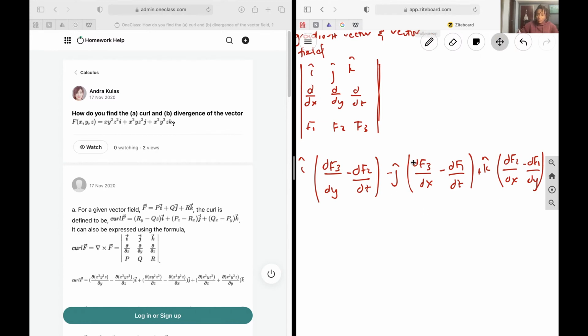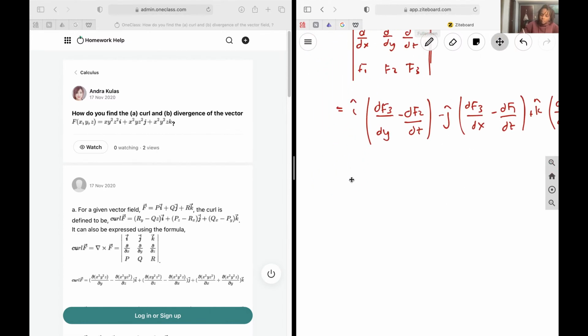And so if I put that all into one vector, that will give me df3/dy minus df2/dz in my i component, then df1/dz because of this minus.